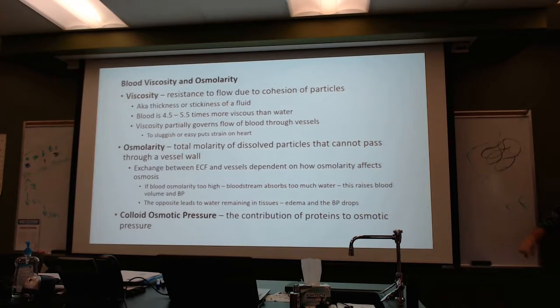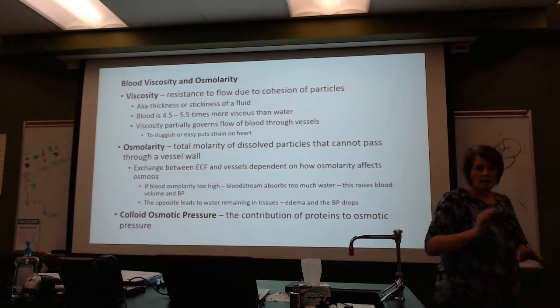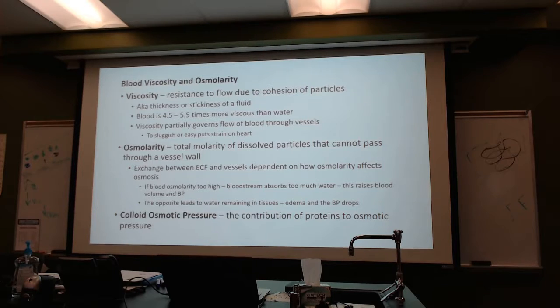Because it's at this level that the blood vessel is one cell layer thick. So that means the blood vessel making up the capillary, the vessel that's going around, is only one cell layer thick.